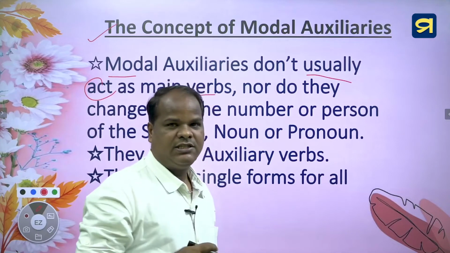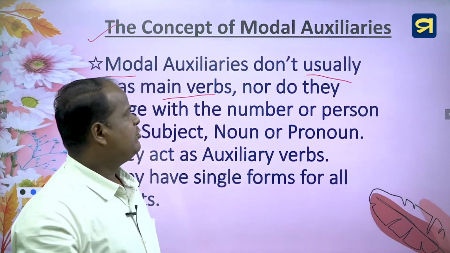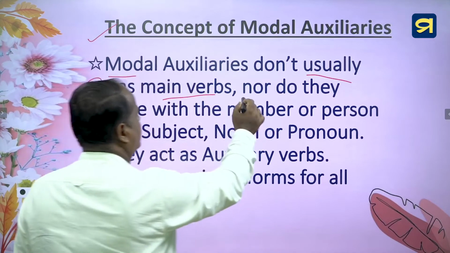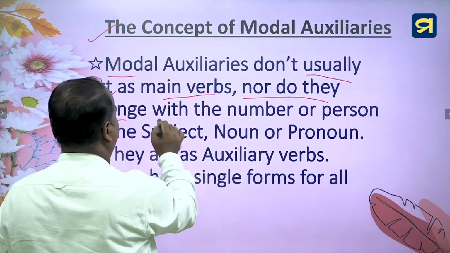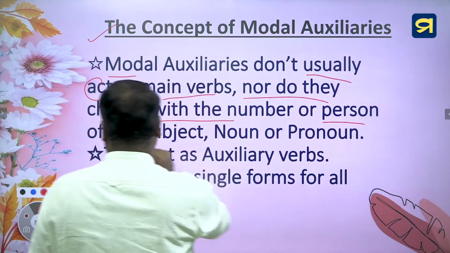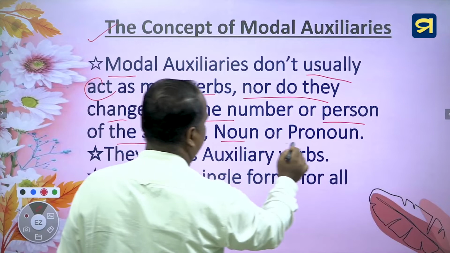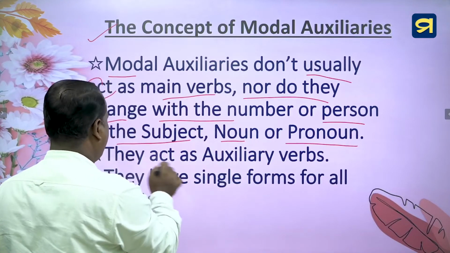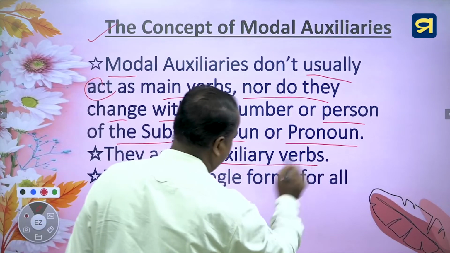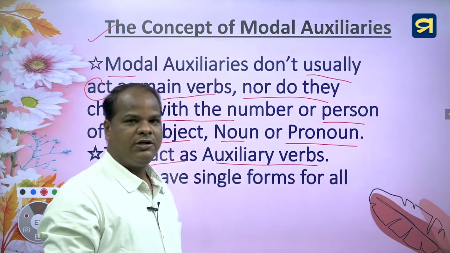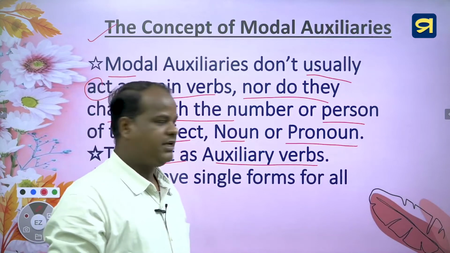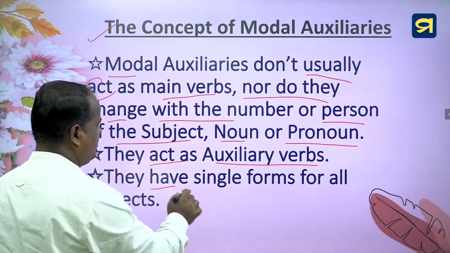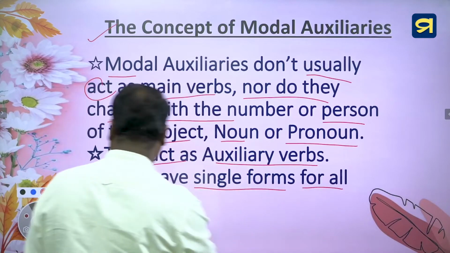You have to know it well that a modal auxiliary cannot be used as a main verb in a sentence, nor do they change with the number or person of the subject, noun or pronoun. You have to remember it. The modals can be used as auxiliary verbs only. They cannot be used as main verbs. They have single forms for all the subjects.